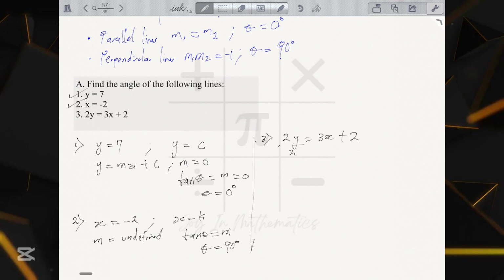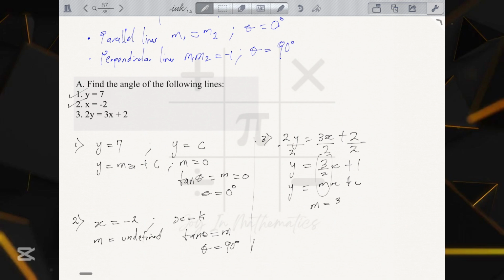If you divide this by 2, this by 2, and also this by 2, we will then have that y is equals to 3 over 2x plus 1. Having y equals 3 over 2x plus 1, we can then compare it to y is equals to mx plus c. So the value for m is equals to 3 over 2.